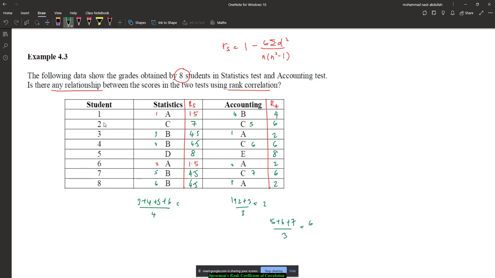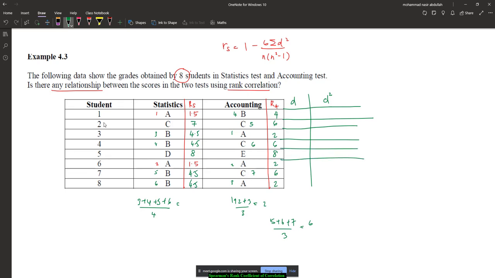So I hope you understand how the ranking process is working. Next, we will create another column which will represent d and d squared. It doesn't matter whether you take Rs minus Ra or Ra minus Rs.